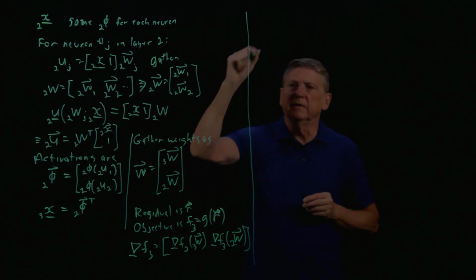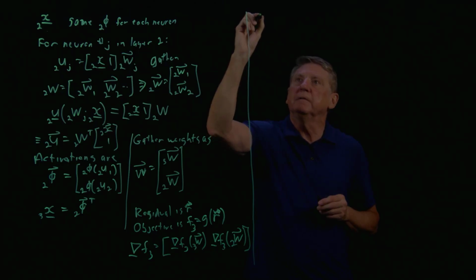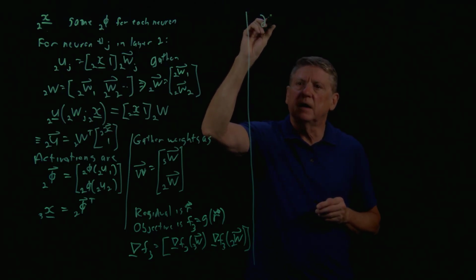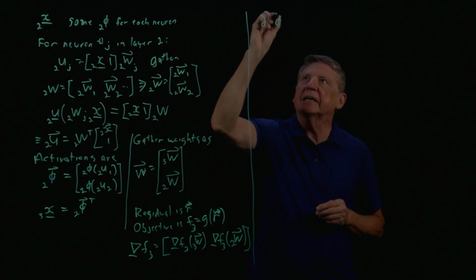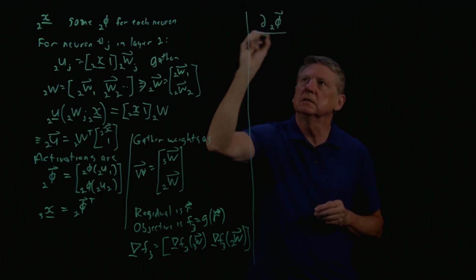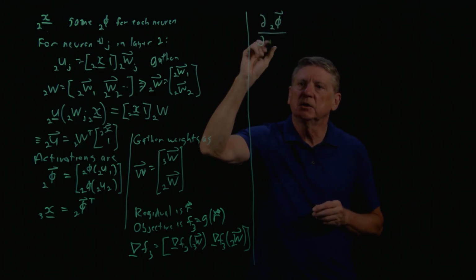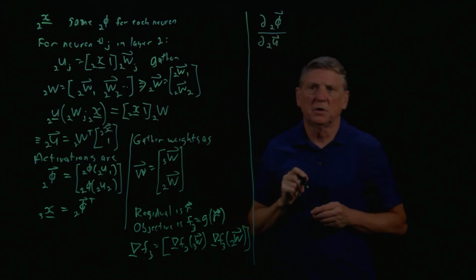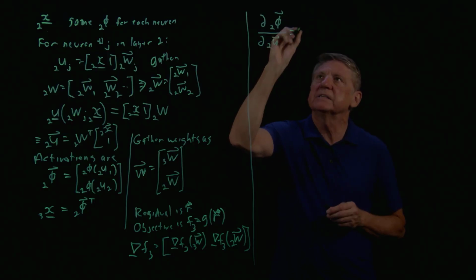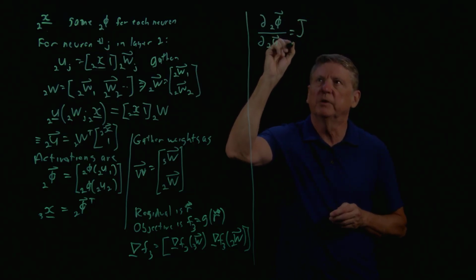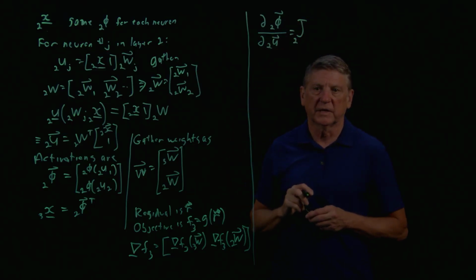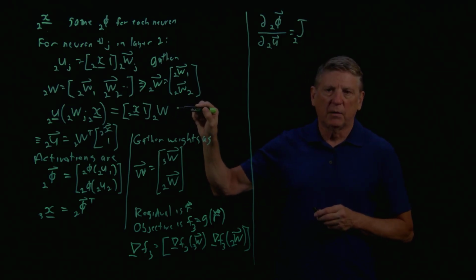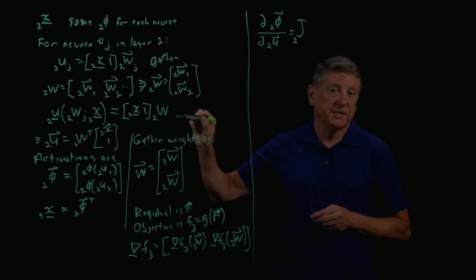So the derivative is this. The derivative of the activation function with respect to the linear responses is some Jacobian matrix, right? And we can write that as the Jacobian matrix for layer 2. Now you can see why I wanted to take this observation and transpose it.